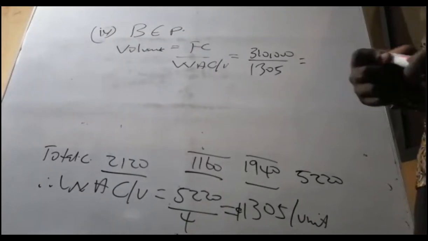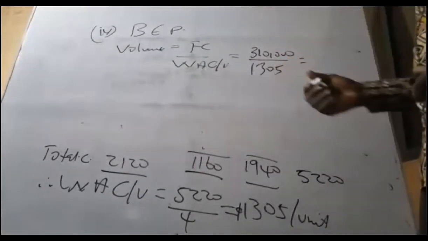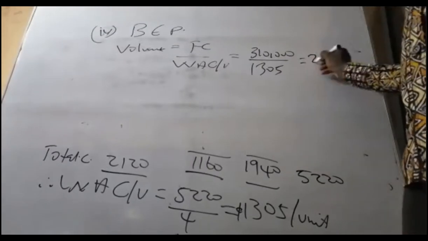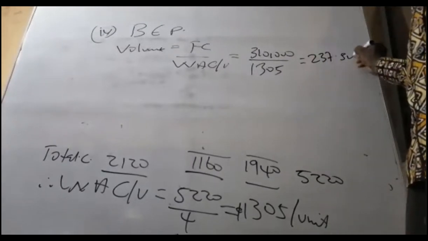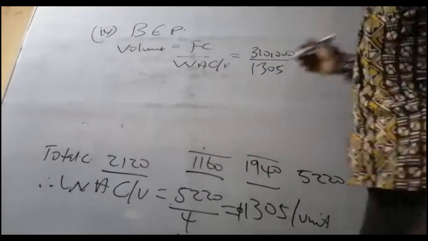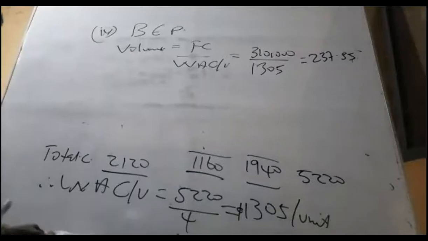Any answer for us? Also 238 units, right? No point. Okay, so 237.54, right? Units. 55. Okay. So 55.